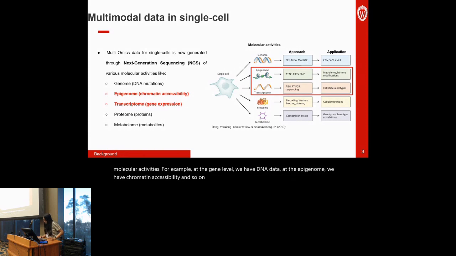Amongst these, we focus on epigenome and transcriptome mostly because not only do they significantly affect the cellular functions in our body, but epigenomes are known to influence transcriptomes through gene regulation. And therefore, we focus more on these two activities, and especially on the joint analysis of these two.